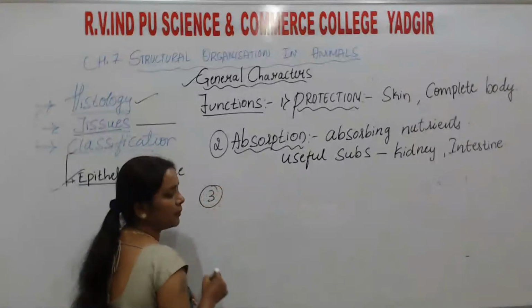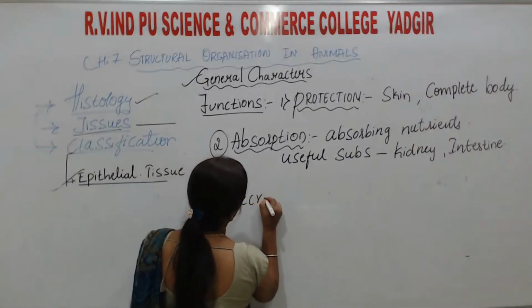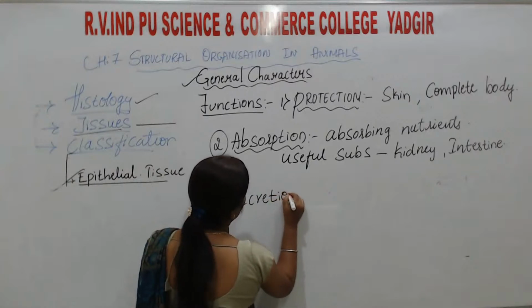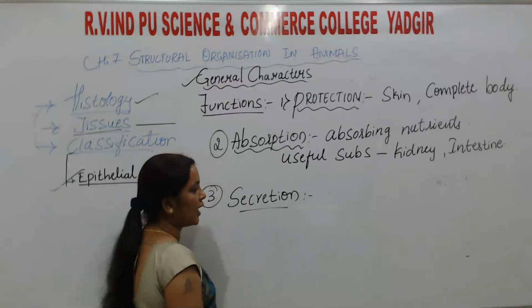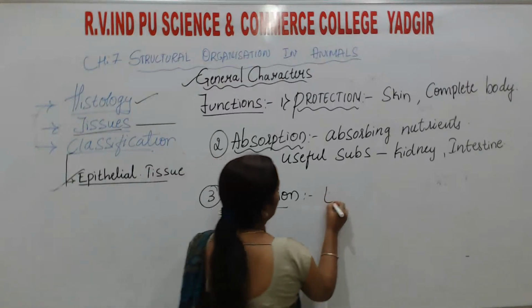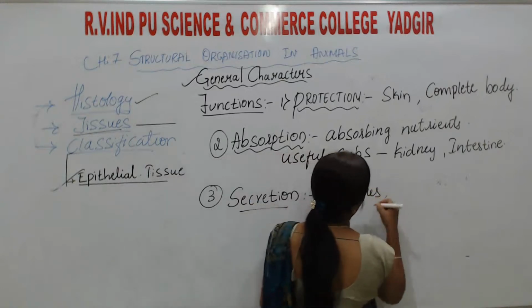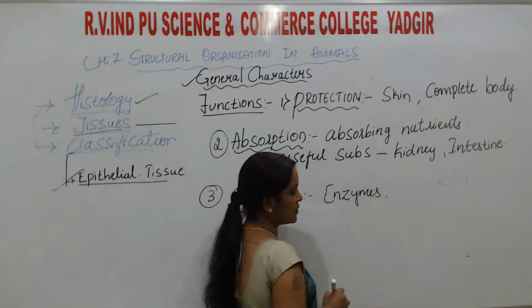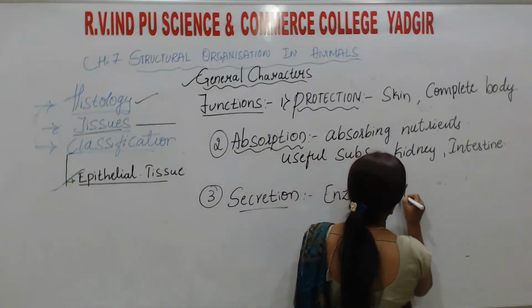The third function of epithelial tissue is secretion. These epithelial tissues are capable of secreting enzymes as well as hormones.